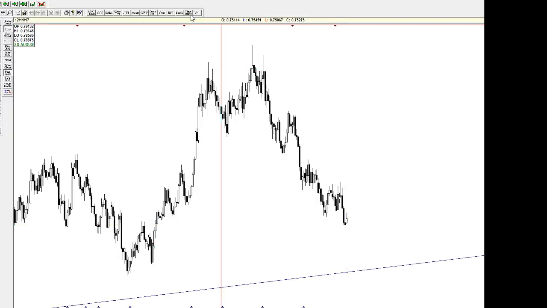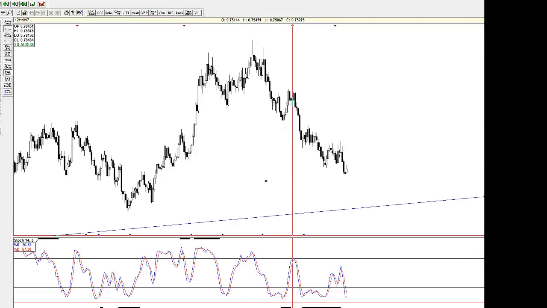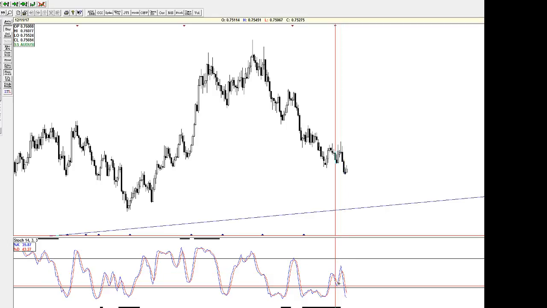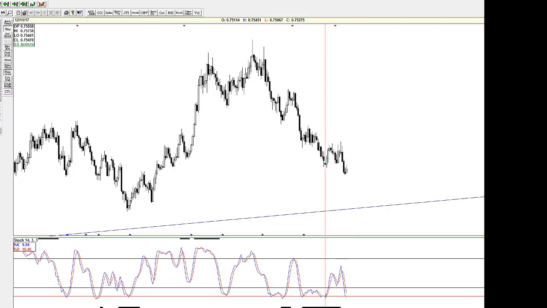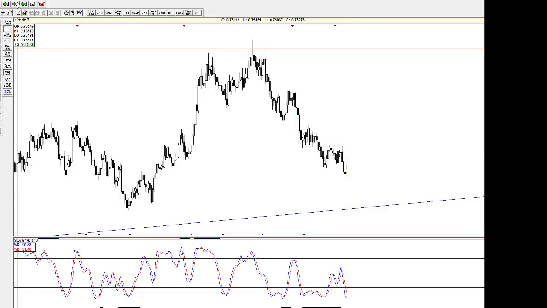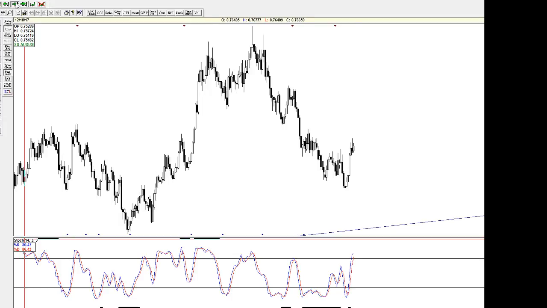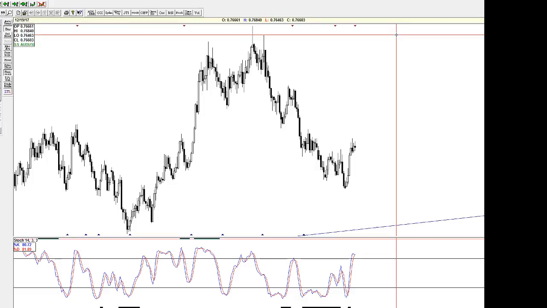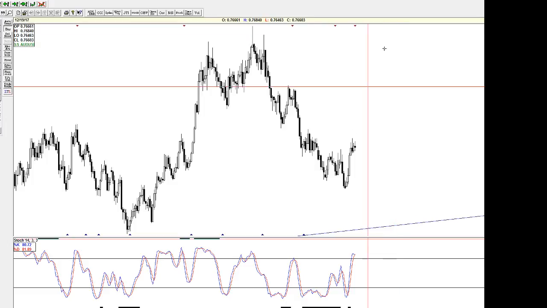If we want to use some indicators, we can see that the stochastics was pointing down. And there's not really any divergence on my stochastics over here. So if we go forward, you can see this thing just moved up all the way to January the 26th, which is the swing high that we have now.